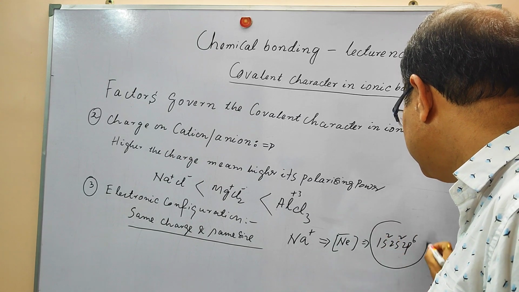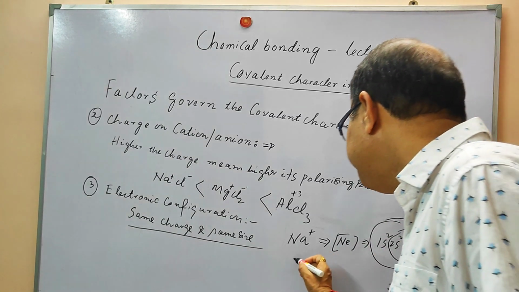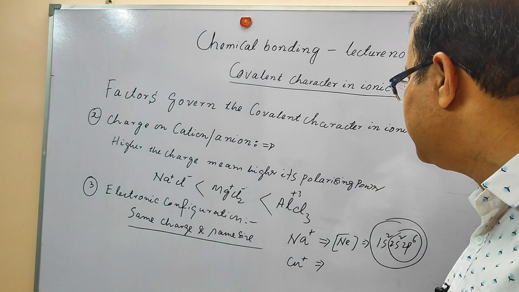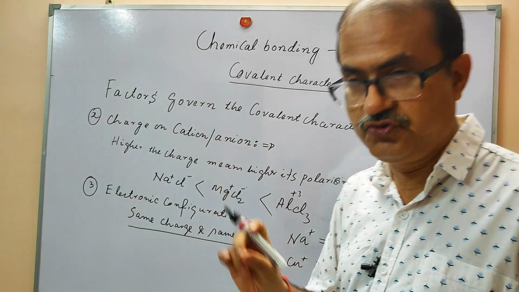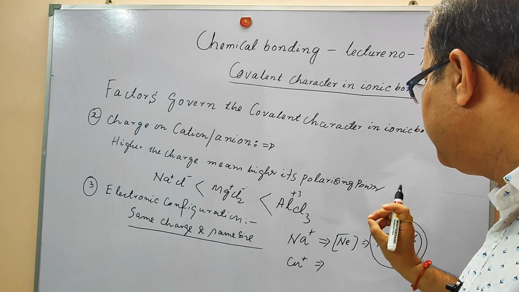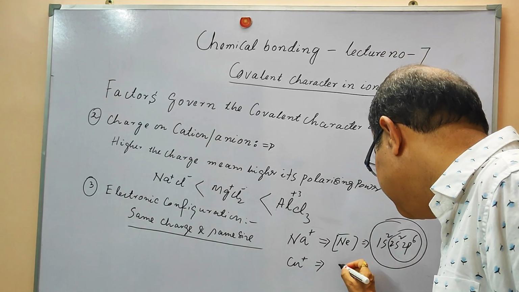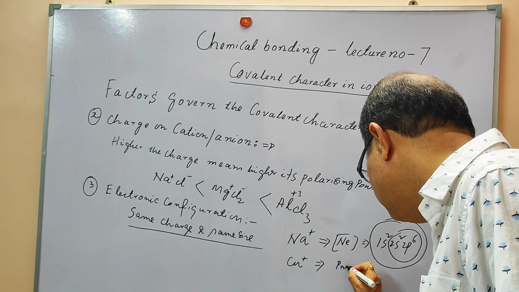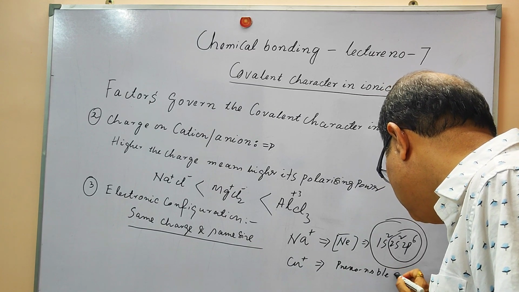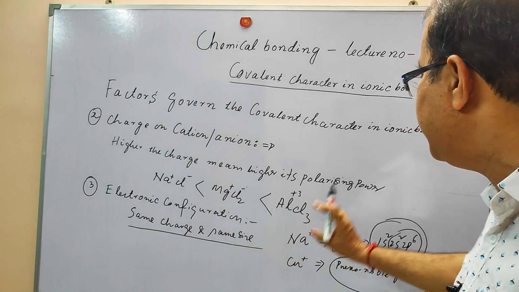But if you see copper plus, in the valence shell there will be 18 electrons, and you can see it has much more polarizing power. This is called the pseudo noble gas configuration, because it has 18 electrons.